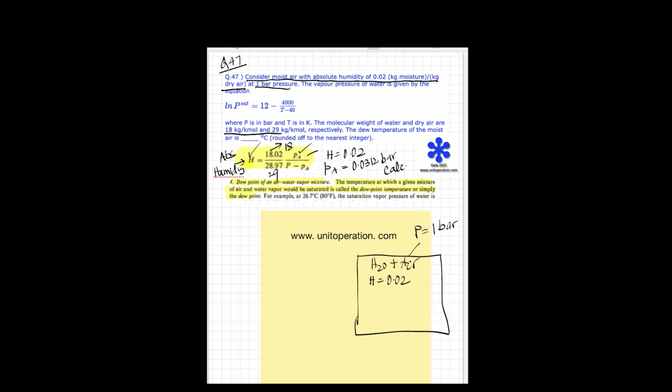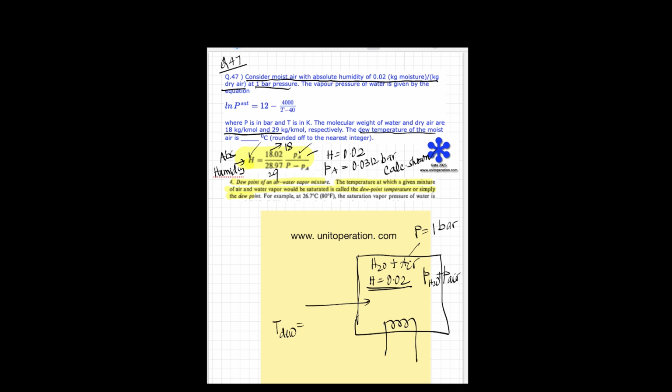Okay. Now is the critical point. We have to find the dew temperature of the moist air. So what will be the dew temperature? Let's say this is at any temperature; the humidity of course will remain the same because this is a closed enclosure. If we start taking out heat, at a certain temperature, which would of course be the dew point, this partial pressure of water and the partial pressure of air, together, are of course the total pressure.